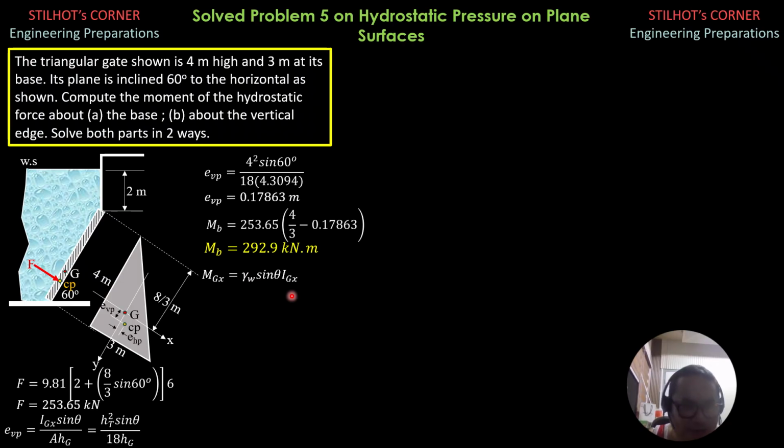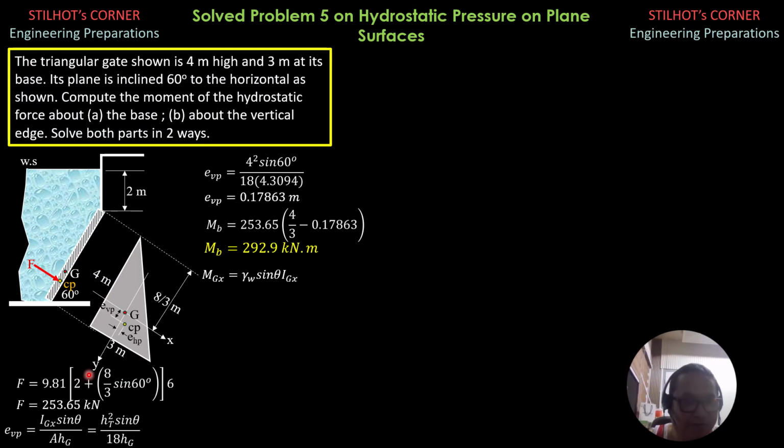This is the other way of computing the moment about the base. So take note that the moment of the force about Gx is opposite to the moment of the force about the base. So we should subtract the value from the moment of the force. Imagine there's a force at G, although it acts at CP. And in the derivation, we replace the system by a force acting at G with moments MGX and MGY.